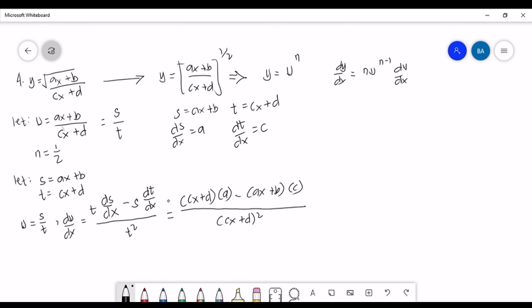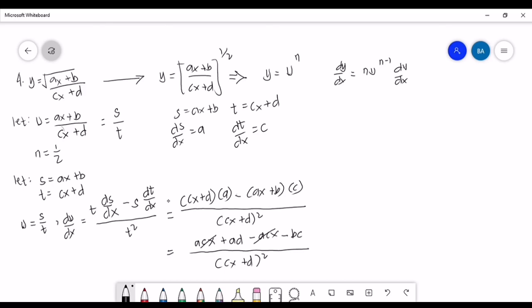So we could simplify this. So a times cx is acx, plus ad, minus acx, and then minus bc. Overall, this is over cx plus d squared. So our acx will cancel. The remaining is just ad minus bc.